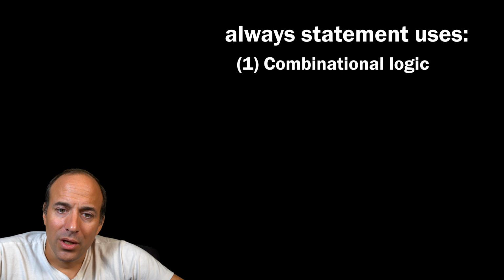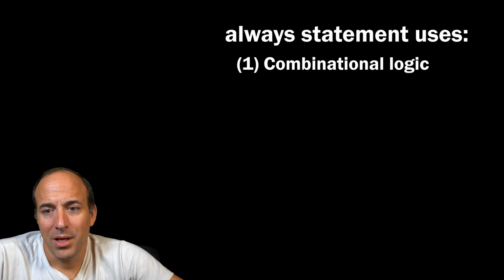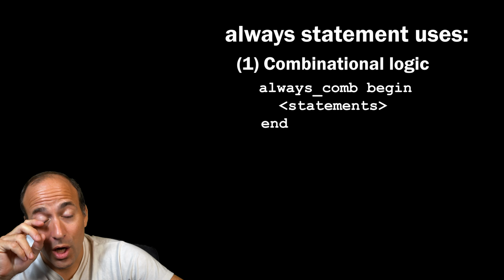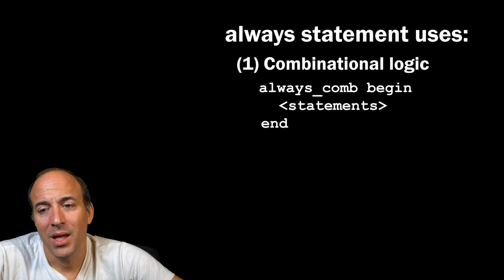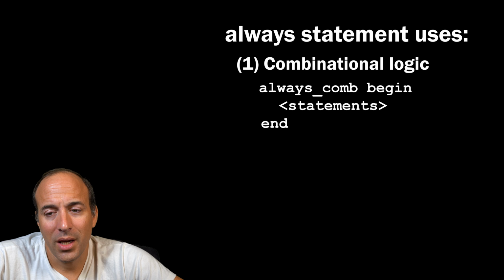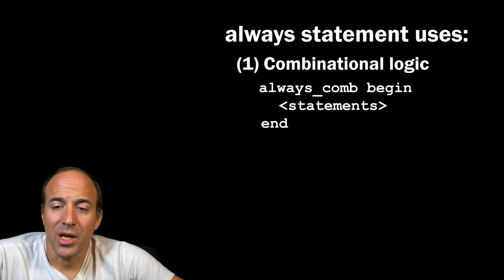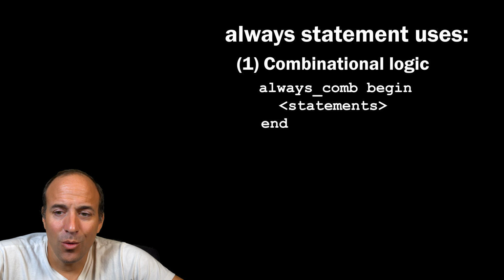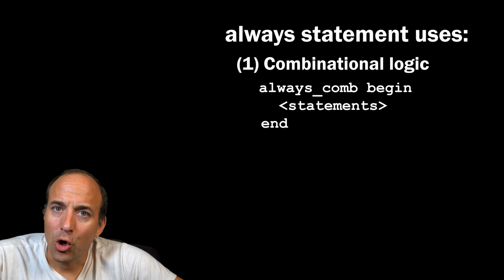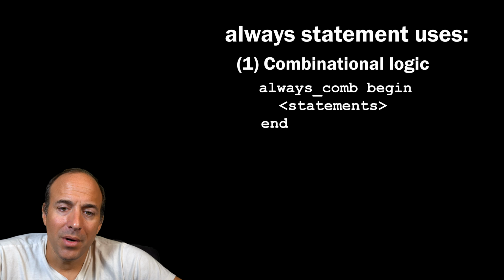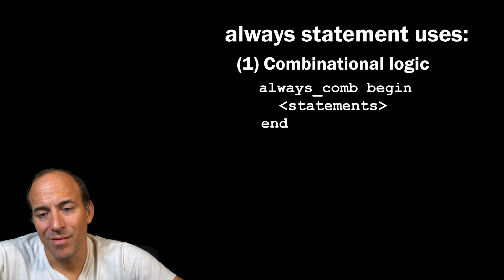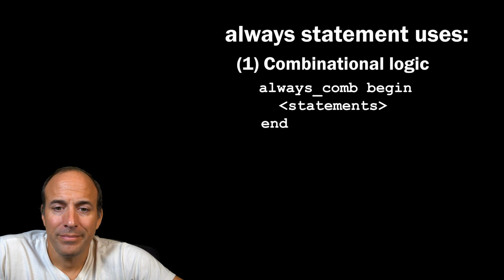In this style, you begin the always statement using the always underscore comb, C-O-M-B, keyword. If the always statement requires more than one statement, you can use a begin and end keyword to form a basic block, much like you'd use curly braces in Java or indents in Python.